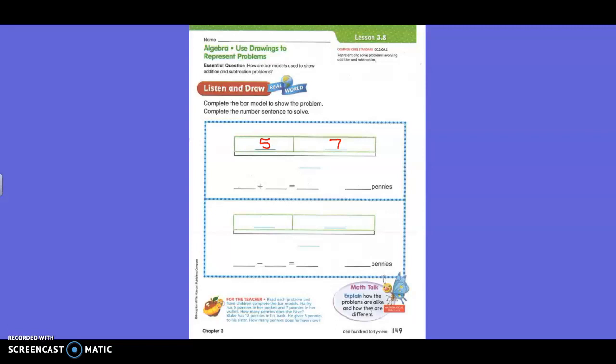Now I have this blue line down here. What do you think that blue line means? Chase? The sum. That's where the sum goes. What's a sum? The answer to an addition problem.